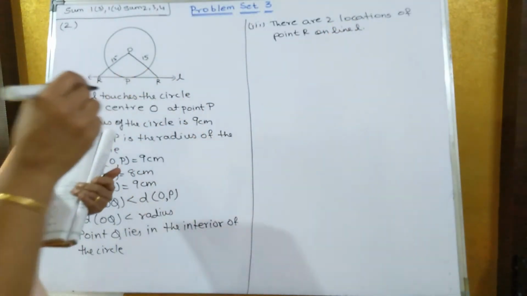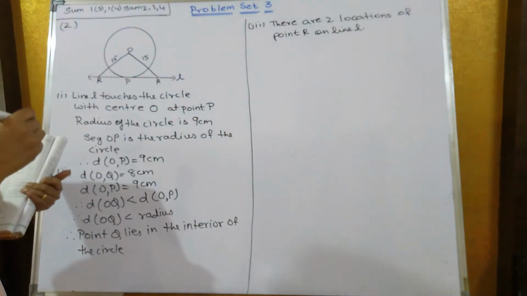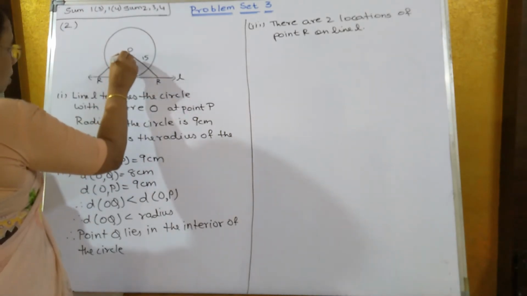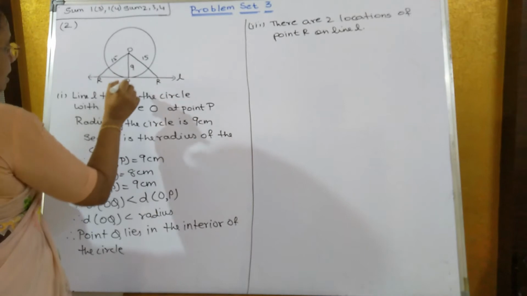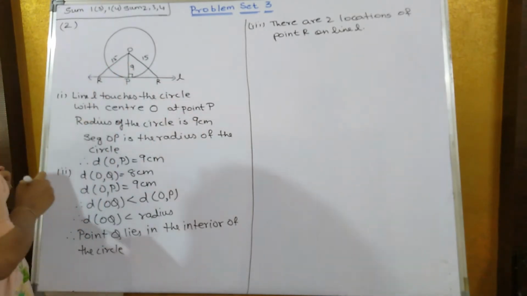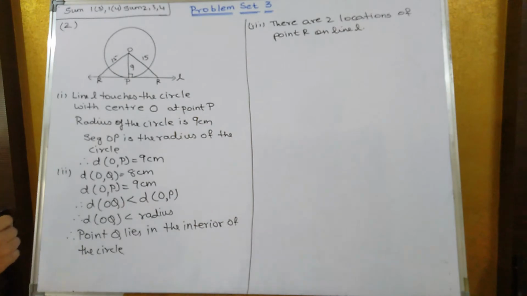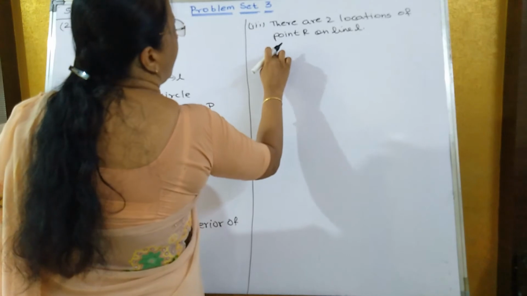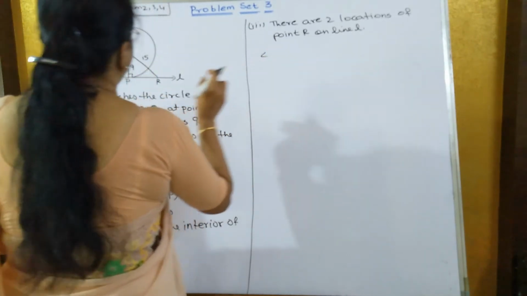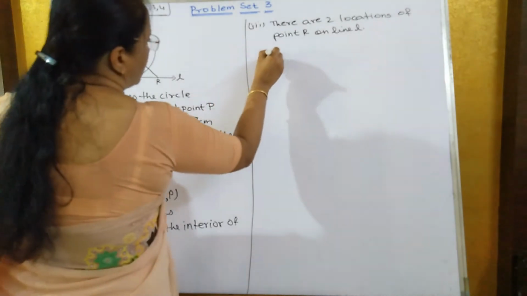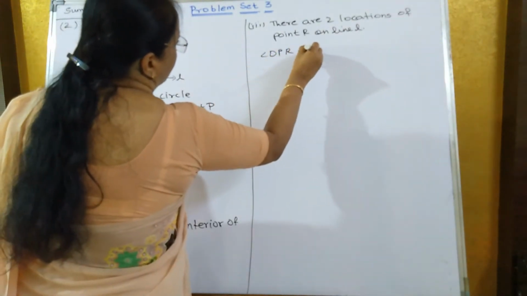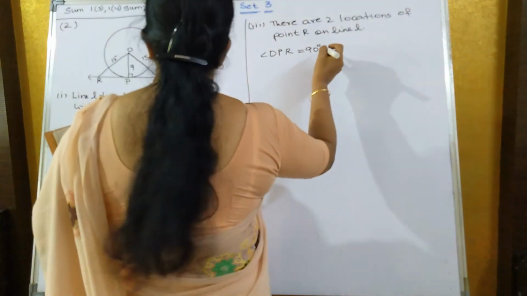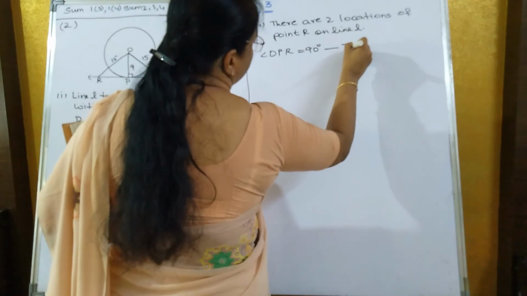Now next they have asked at what distance each of them will be from point P. We already know that the radius is 9 centimeter. So this is a right angle triangle, angle P is a right angle. In triangle OPR, angle OPR is equal to 90 degrees. Reason: tangent theorem, because line L is a tangent and OP is a radius.